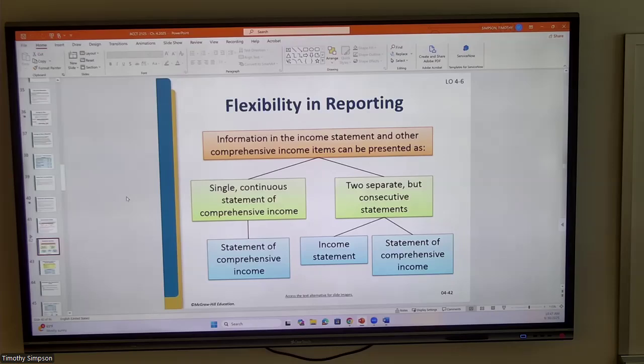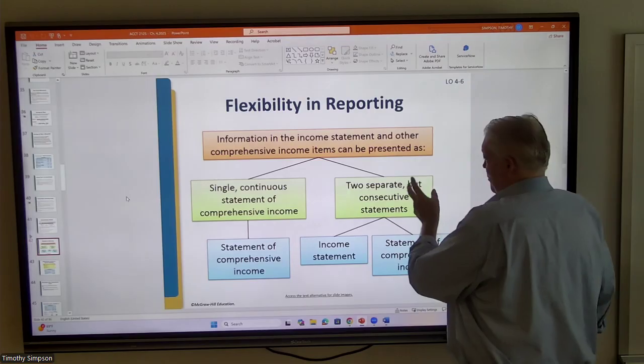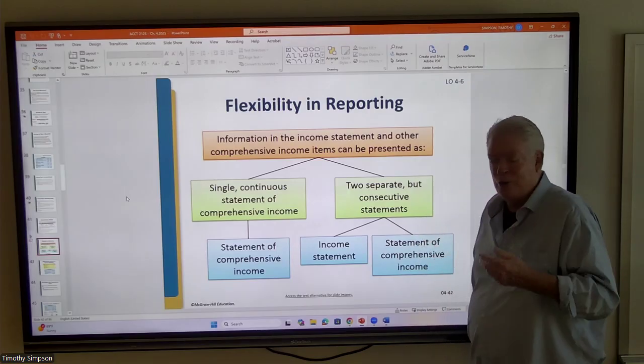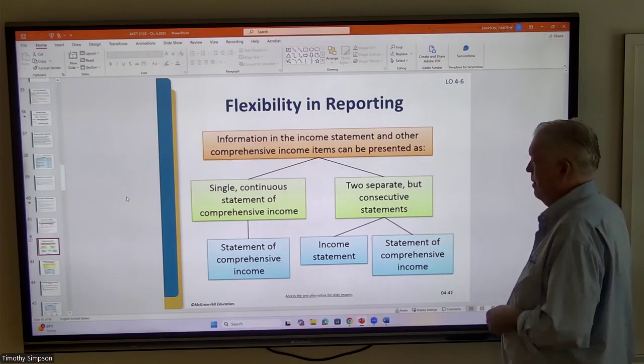So it can be done two different ways. One is a single continuous statement of comprehensive income, where you end up with a bottom line being comprehensive income. What I think is probably more desirable on the part of a lot of reporting firms is two separate but consecutive statements. I showed you the illustration of Apple, and we'll get into other examples of public companies.